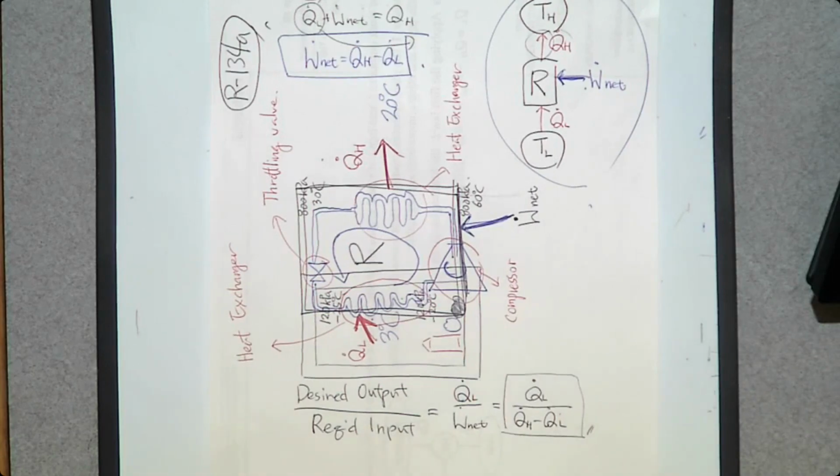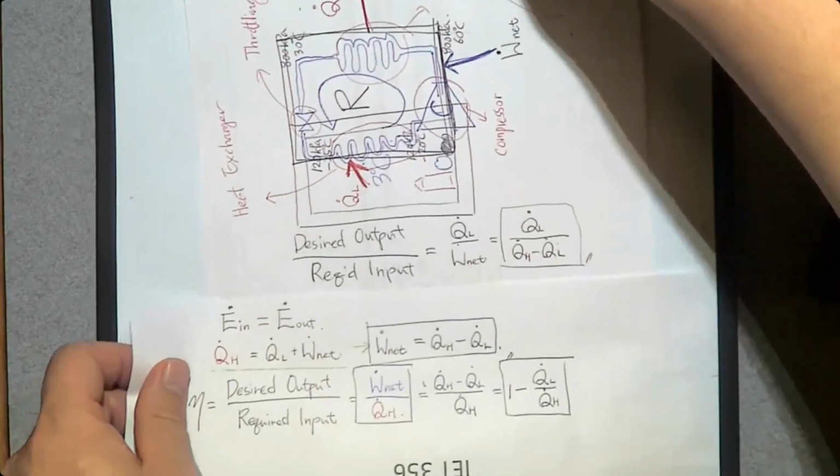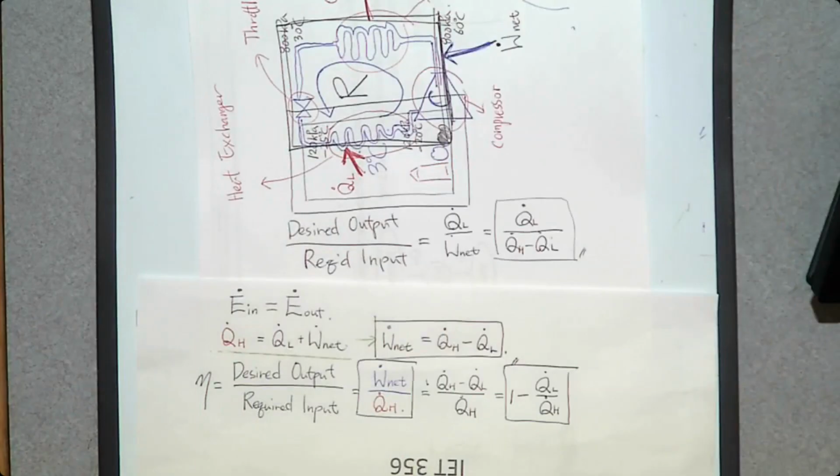Oh, wait. We studied the efficiency from heat engine. What was the equation? The efficiency equation was W dot net over Q dot H.